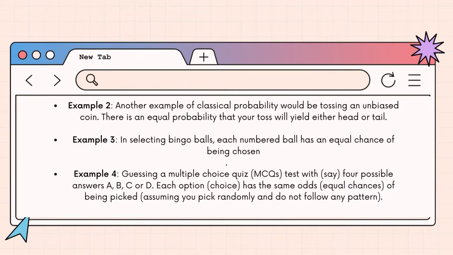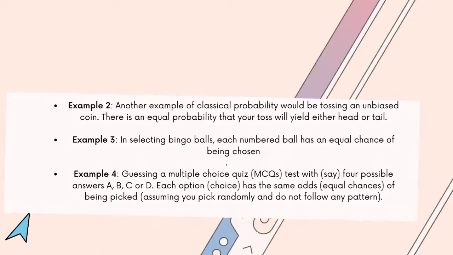And the third example, in selecting bingo balls, each numbered ball has an equal chance of being chosen. And the fourth example, guessing on a multiple choice quiz. A test with, say, 4 possible answers A, B, C, or D. Each option has the same odds or equal chance of being picked, assuming you pick randomly and do not follow any pattern.